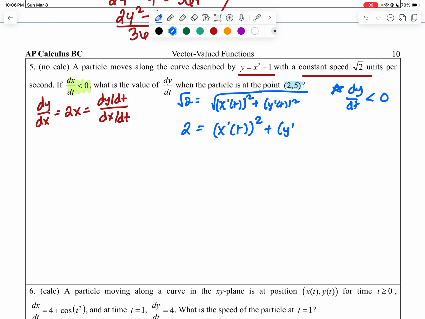And then I have (x'(t))² + (y'(t))². Now, I already know what my derivative is at 2, so I could say that at 2, dy/dx when x is 2 is 4. So this means that dy/dt over dx/dt at 2 is also 4.